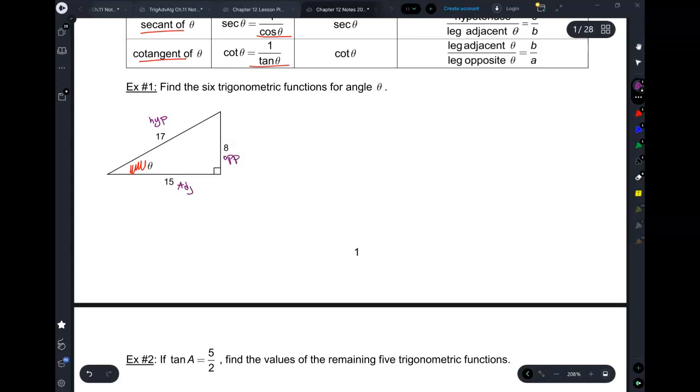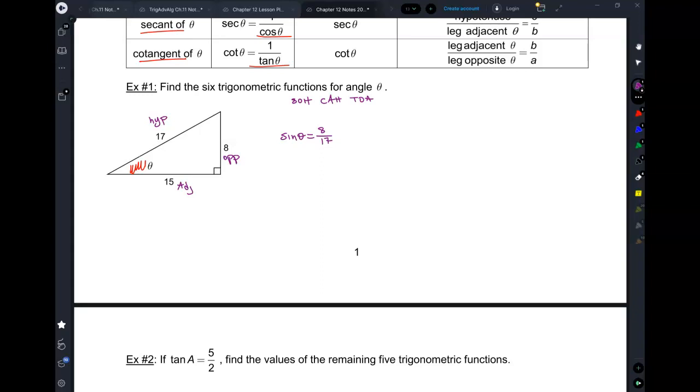Now remember SOHCAHTOA, right? I'm only going to write it for people that haven't seen this before. Sine of theta is opposite over hypotenuse, for my 9th graders that I didn't teach geometry to last year. Opposite over hypotenuse, so opposite is 8 over 17. You have to make sure that this is a simplified fraction, and then you're done.